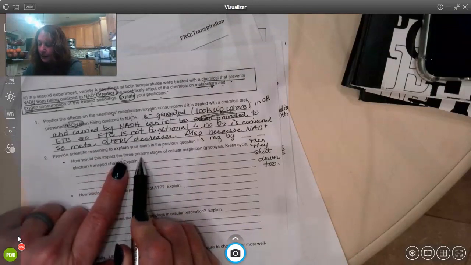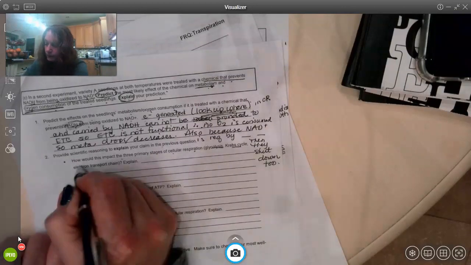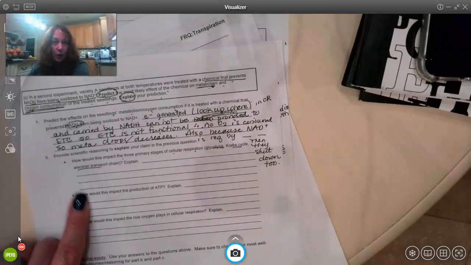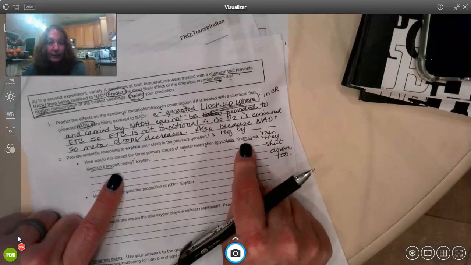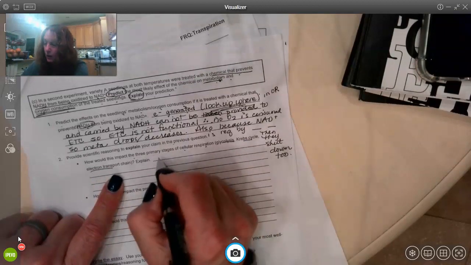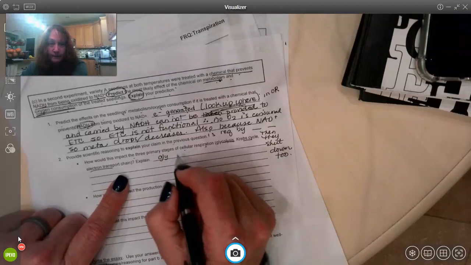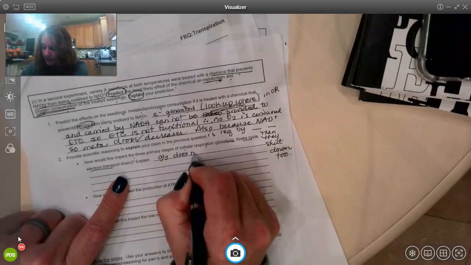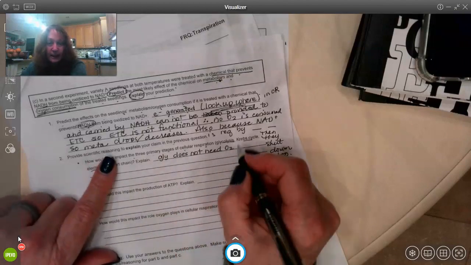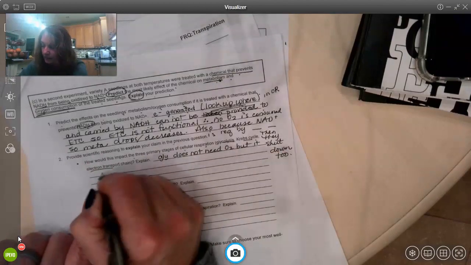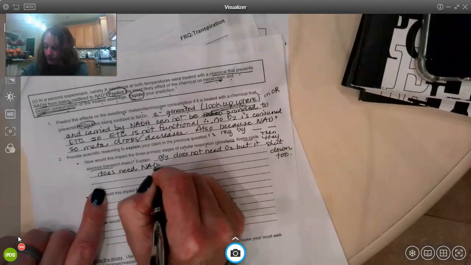How would this impact the 3 primary stages of cellular respiration? Here we go. We already said, so you can just come right up here. They don't even have pyruvate oxidation in here. So glycolysis does not need oxygen, but it does need NAD.